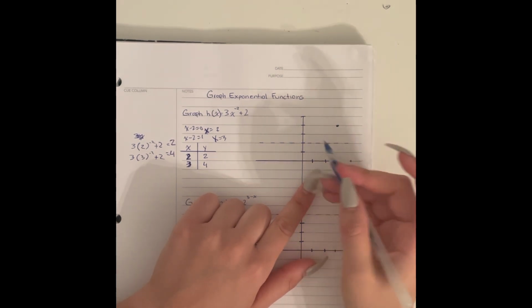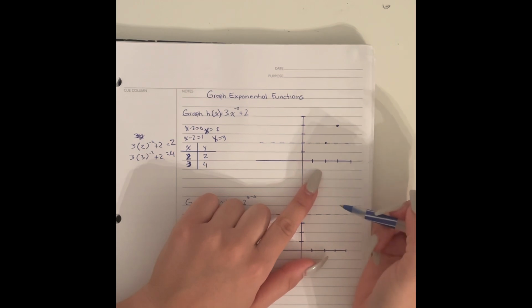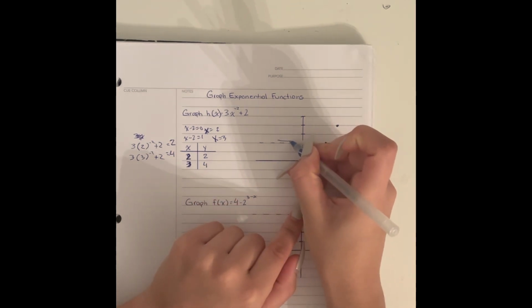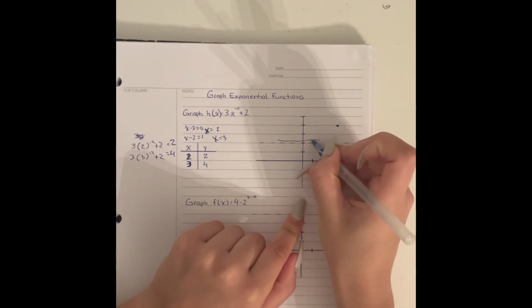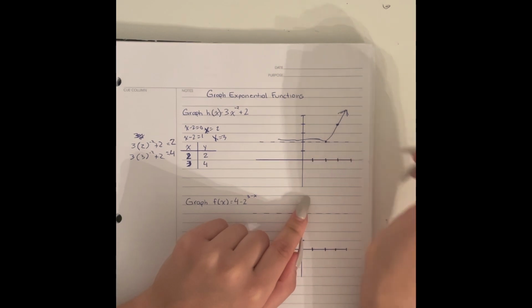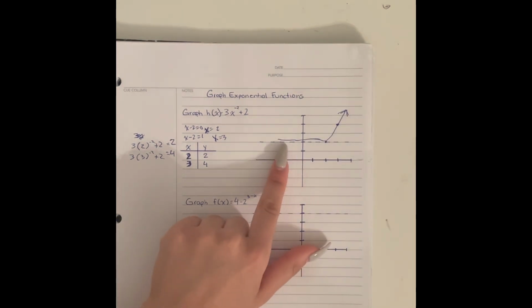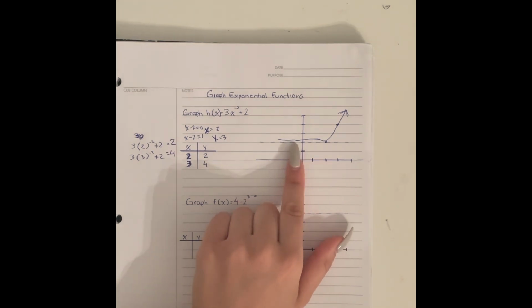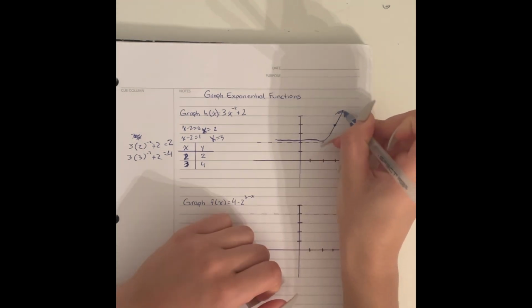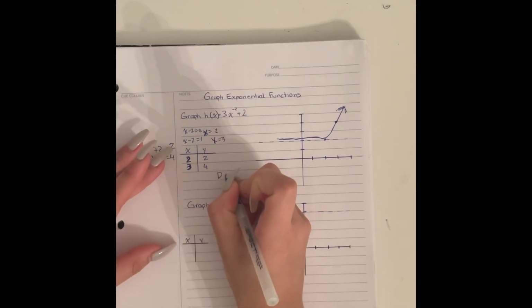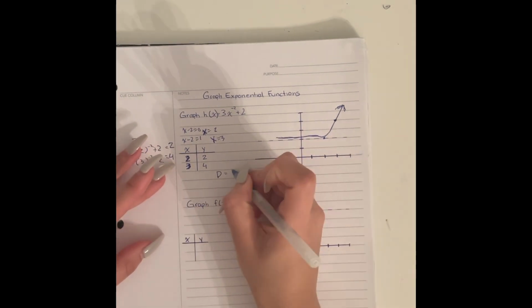Okay, so now I know what my graph looks like, so I'm able to draw it. So again, my sketch never touches the horizontal asymptote, so it's going to go up that way. And then we can also put our domain and range for this.